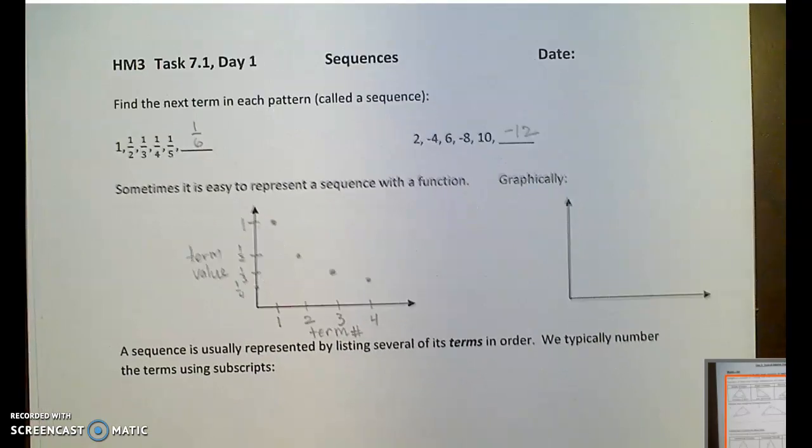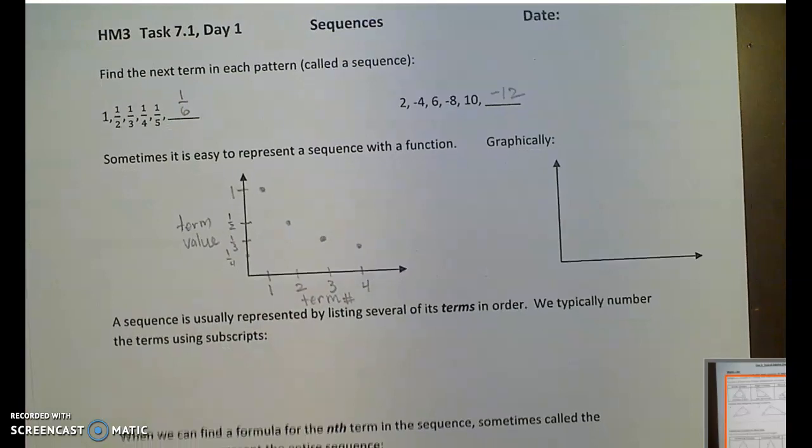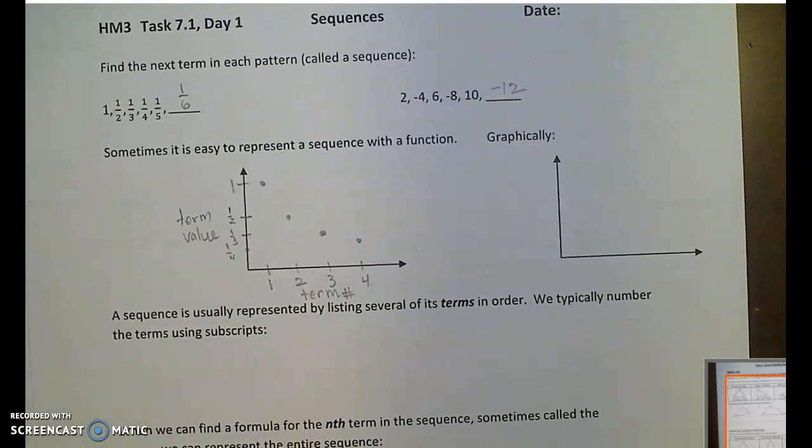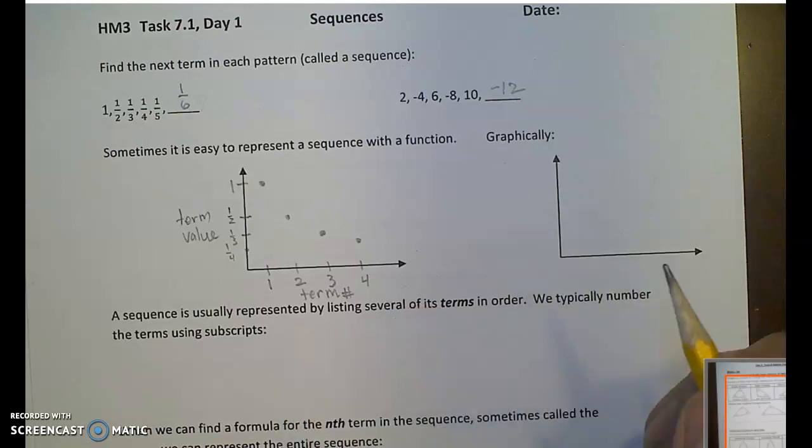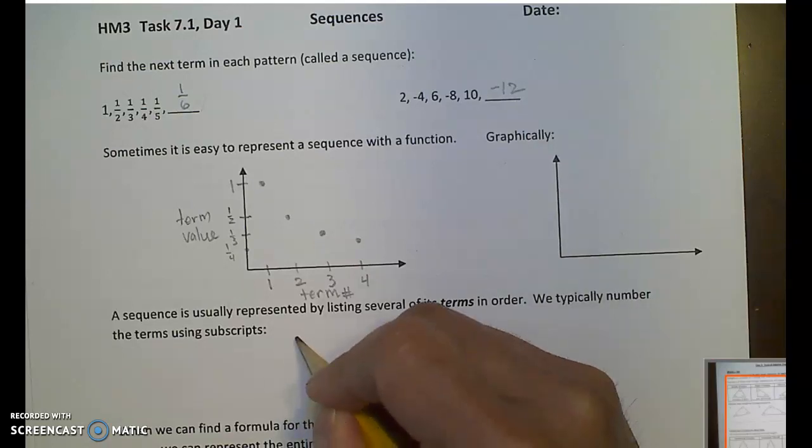It says a sequence is usually represented by listing several of its terms in order. So we typically number the terms using subscripts. If we want to have a variable represent the first term, it's going to be a sub 1.